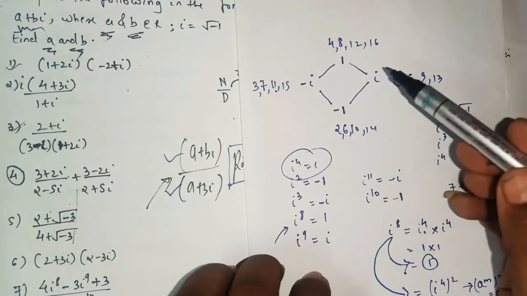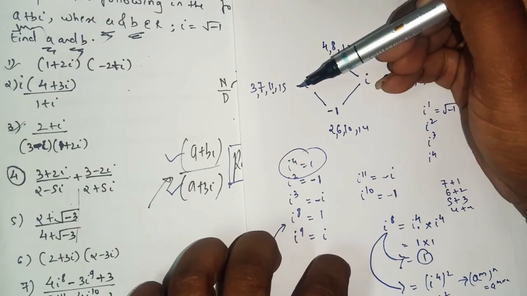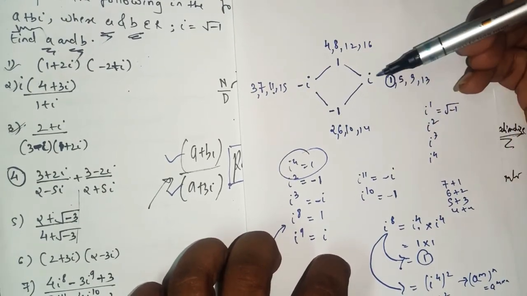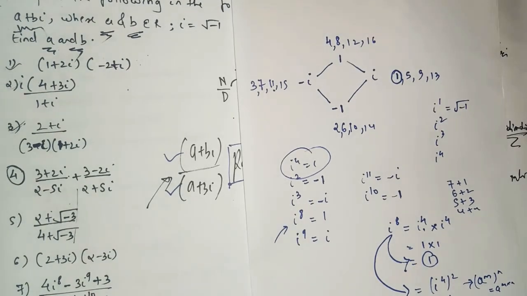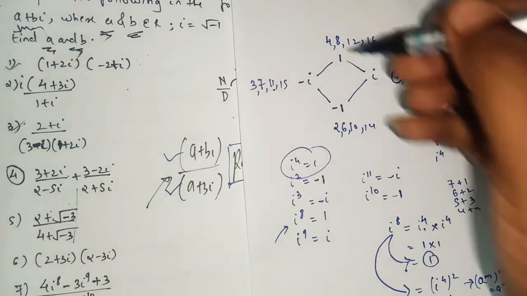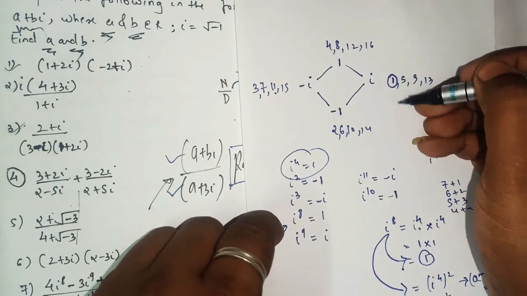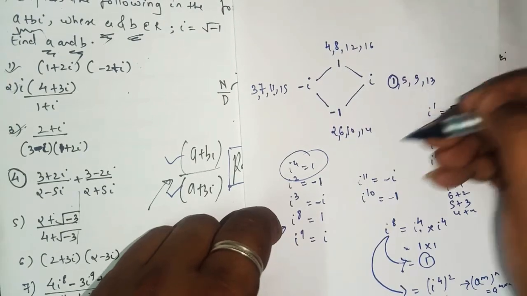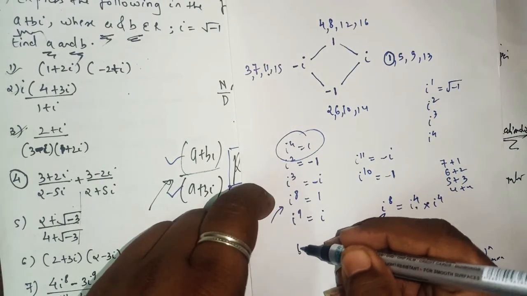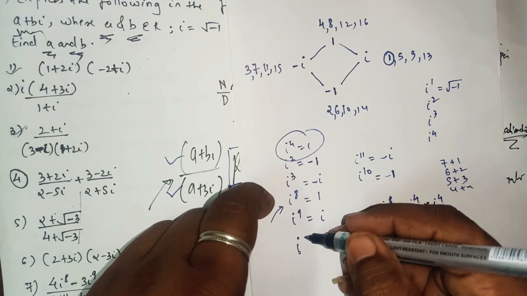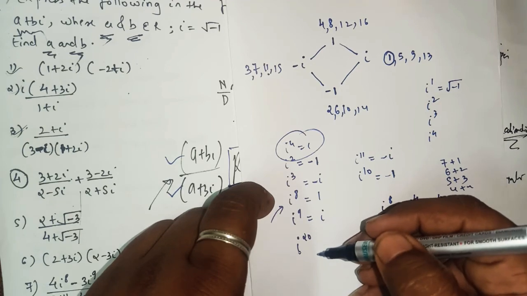Just to remember this, think of it as x-axis, x dash, y-axis, y dash. Here positive, so negative, like that. Take this as 1, minus 1, i, minus i, and start writing the numbers from here: 1, 2, 3, 4, 5, 6, 7, 8 and so on. Suppose you want to find i raised to 20.